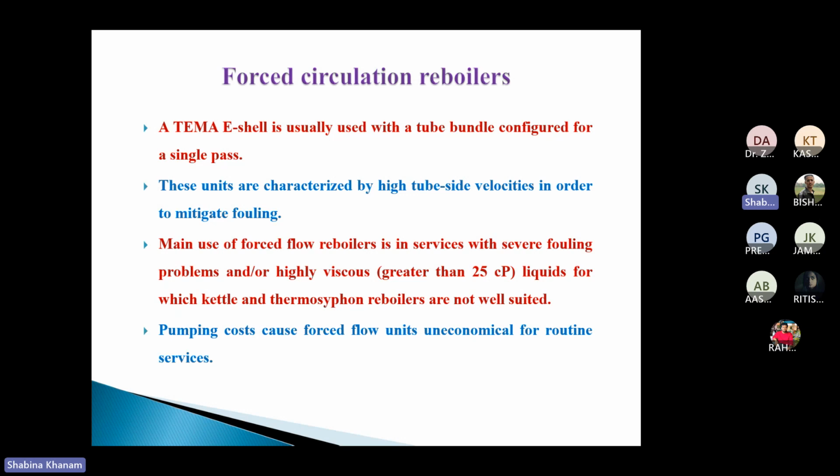Therefore it is only mandatory to use with forced circulation, not with others. Wherever it will be maintained, but in that case you cannot deal with this type of fluids, which are of very severe conditions. So in that way you need to choose the forced circulation reboilers.